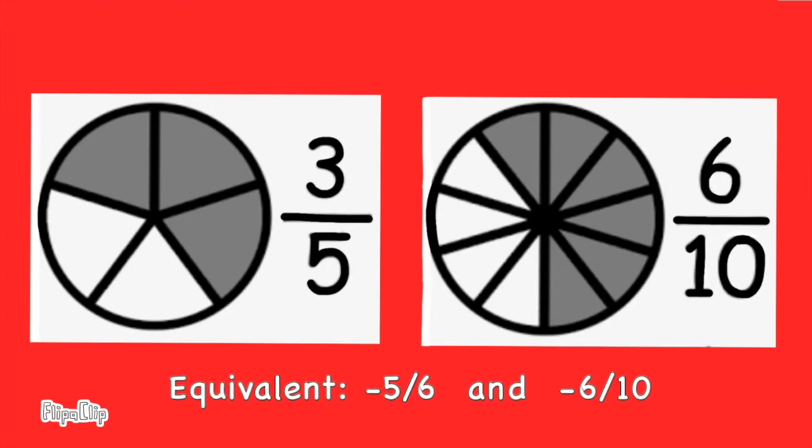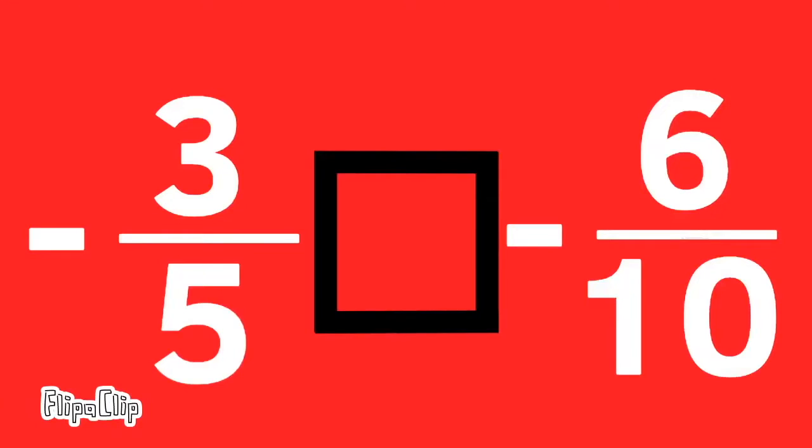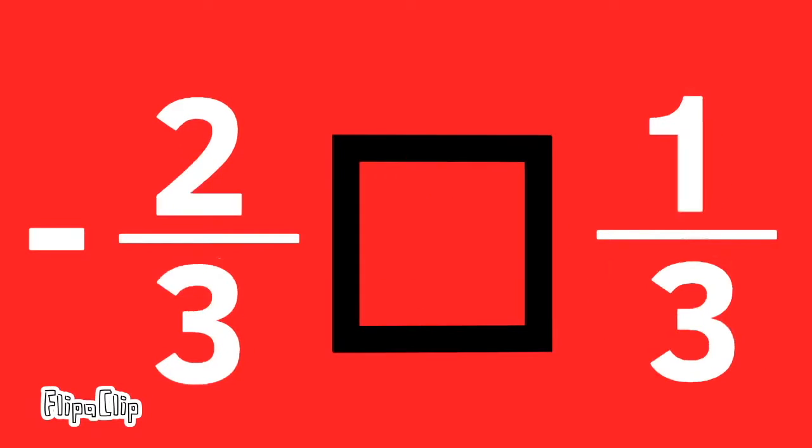These are equivalent fractions. So -3/5 is equal to -6/10. -2/3 compared to 1/3. -2/3 is less than 0, and 1/3 is greater than 0. -2/3 is less than 1/3.